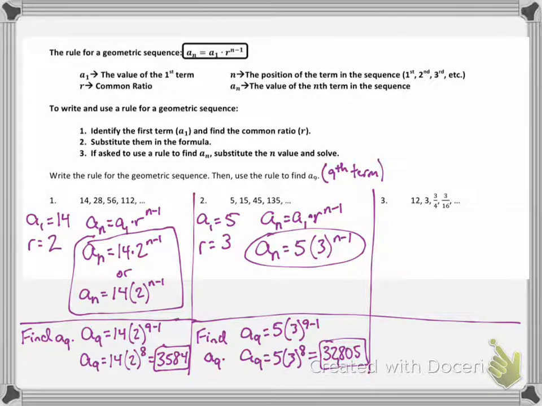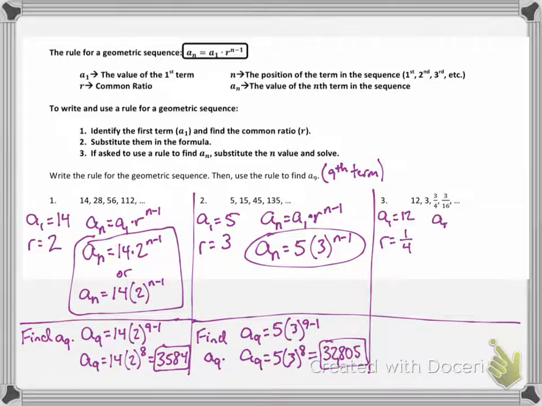All right, number 3. We've got the first term of 12. To get from one number to the next, they start going downwards, so that means we're probably dividing. We're going to divide by 4. To represent a ratio of division by 4, that's the same as 1/4.